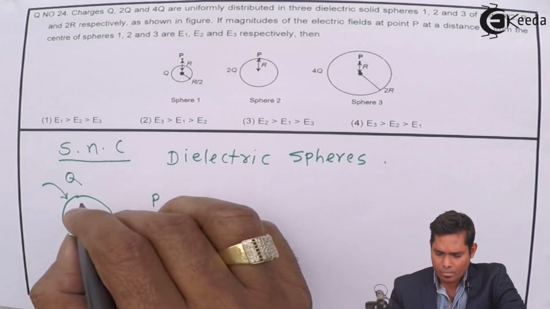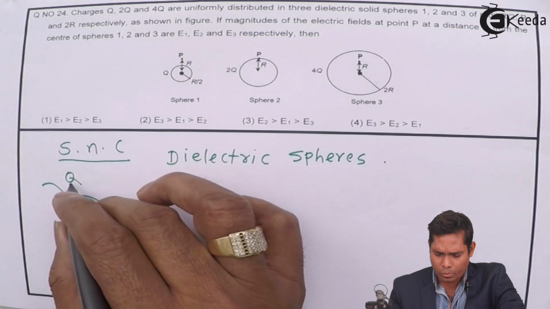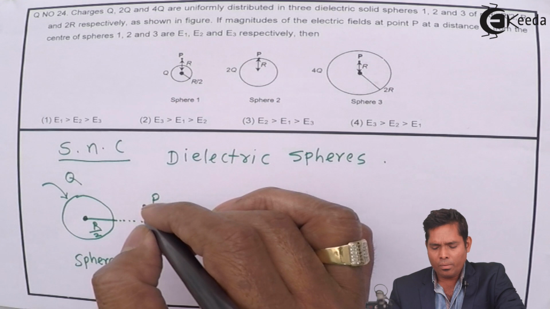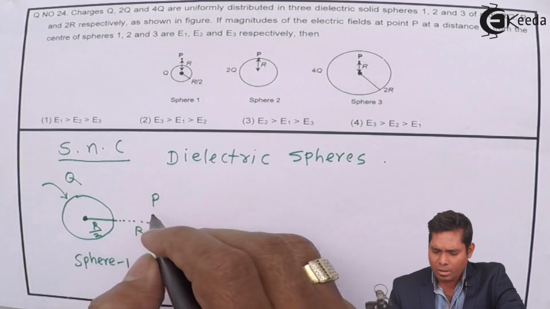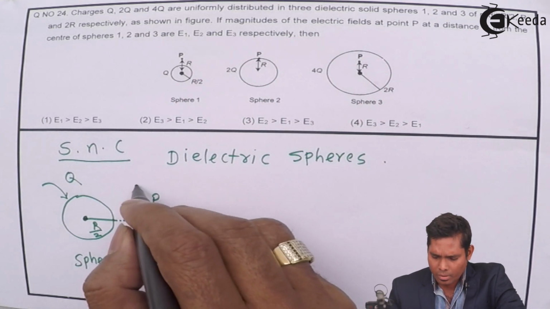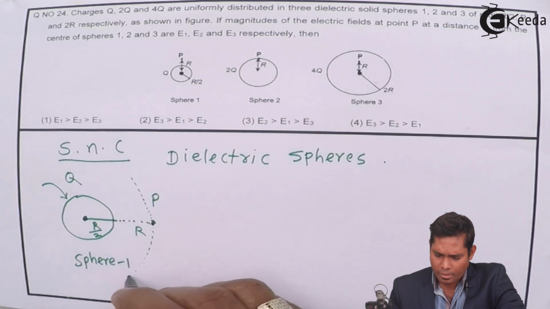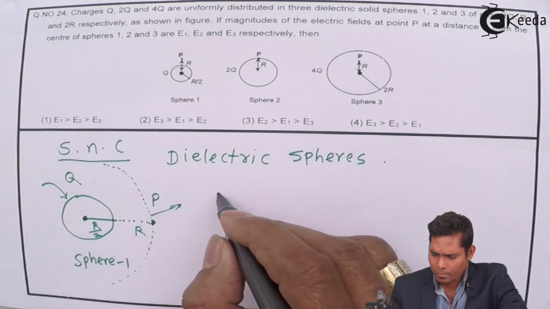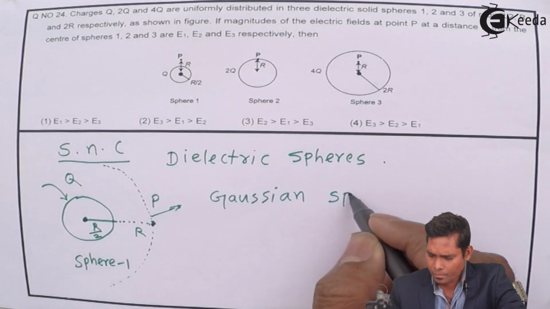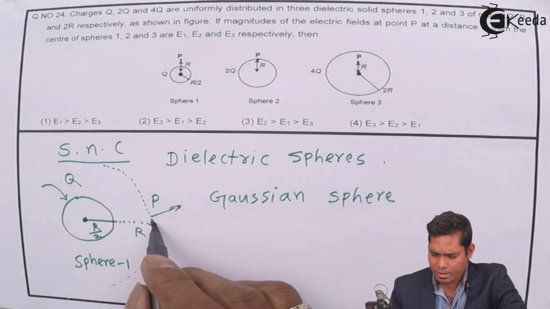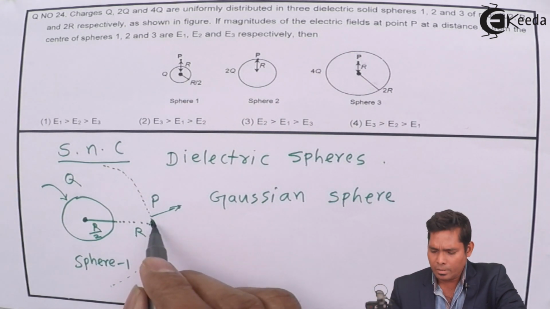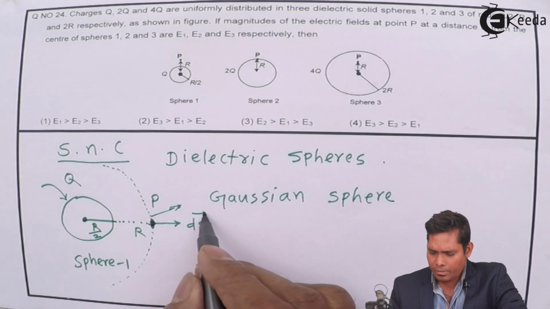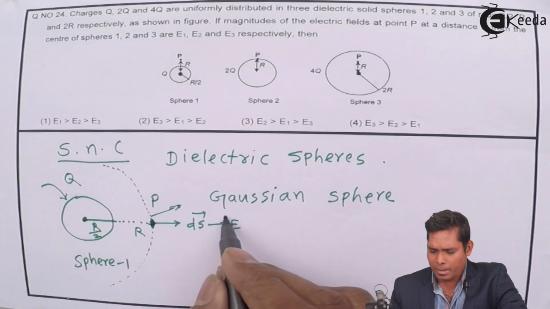As if the whole charge q is concentrated at the center. Why is it so? Because if I take a Gaussian sphere including this point, and consider a small element of area ds, then the ds vector and E vector will be in the same direction.